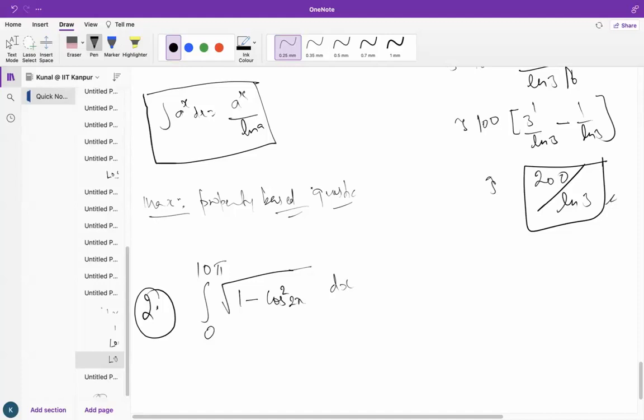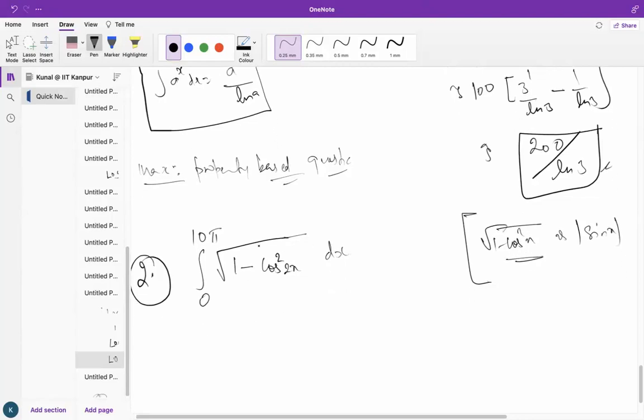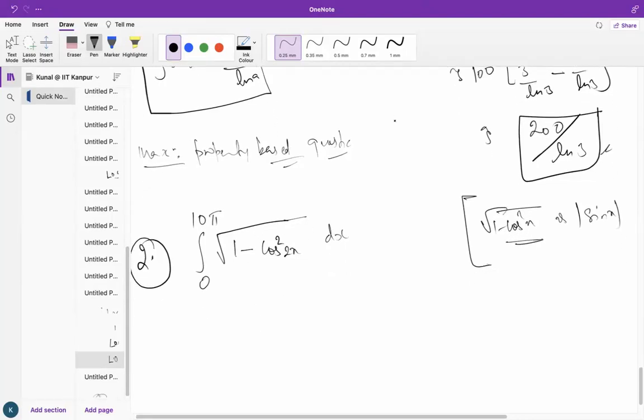And we know that 1 minus cos square x is equal to sin square x, so it will be mod of sin x, because it gives the positive value. So we are just using that. Let me rewrite it. We are integrating from 0 to 10 pi, and here our function is mod of sin 2x dx.